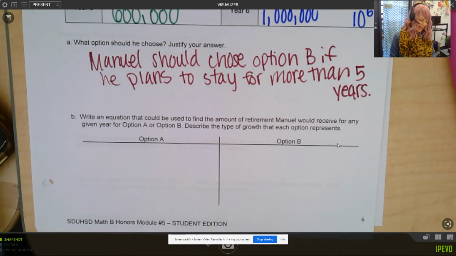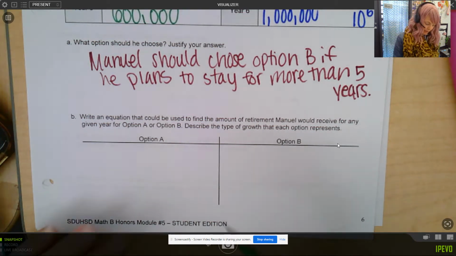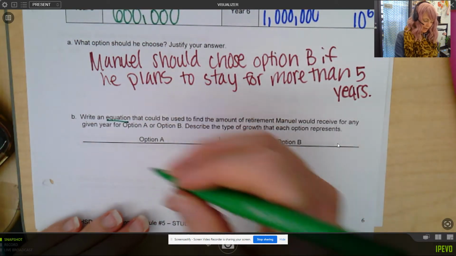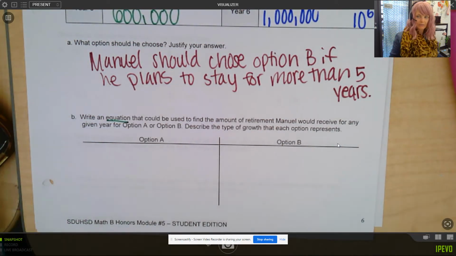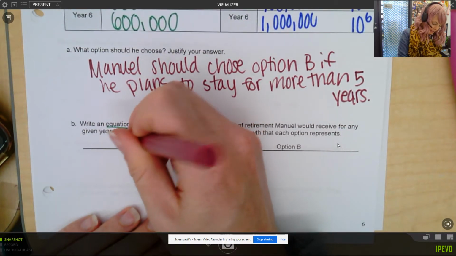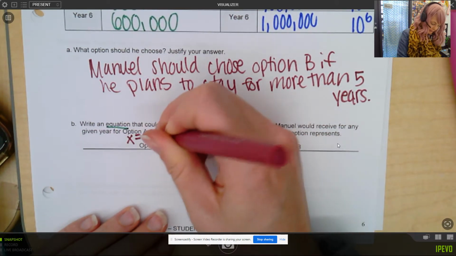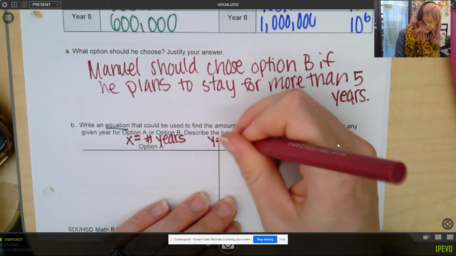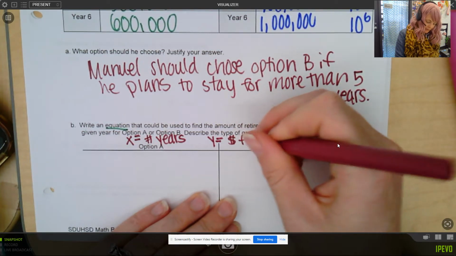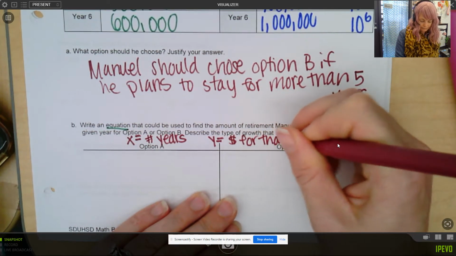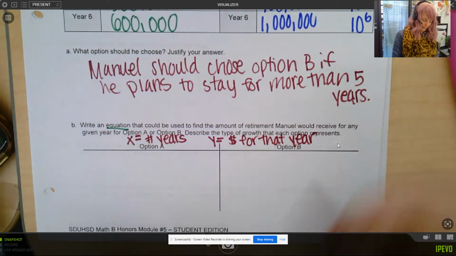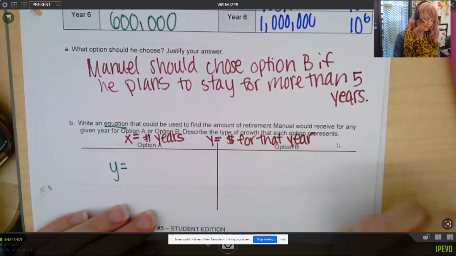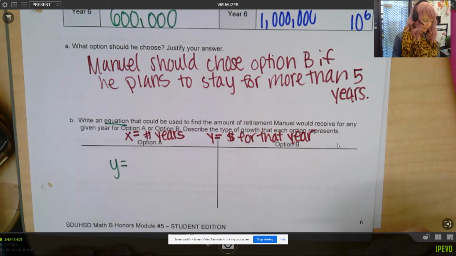So option A, and we're going to be writing an equation for them. For both of these, we need variables. So x, our independent variable, is going to be the number of years. And y, our dependent variable, is going to be the money for that year. Okay, so option A, we have y equals each year he's earning $100,000.